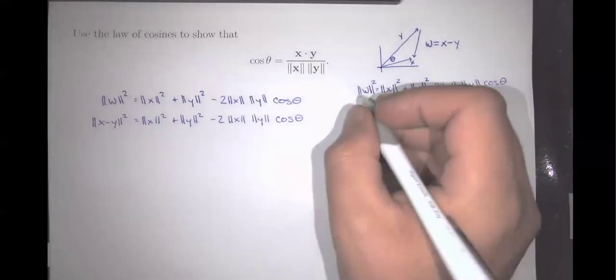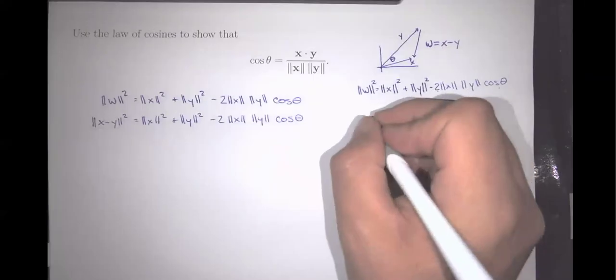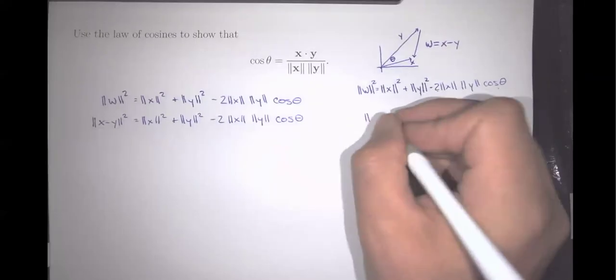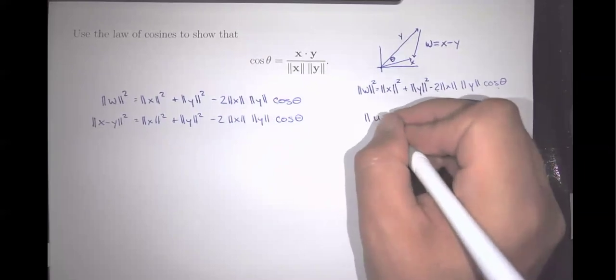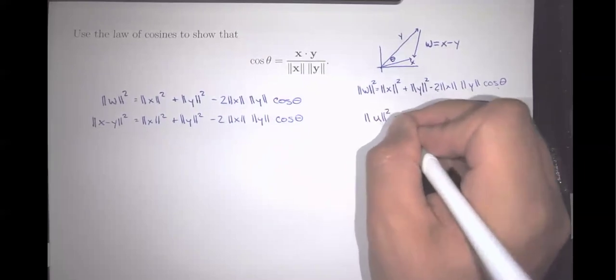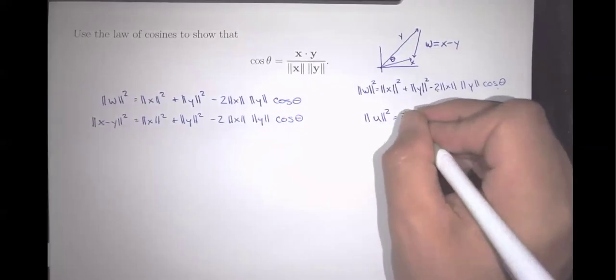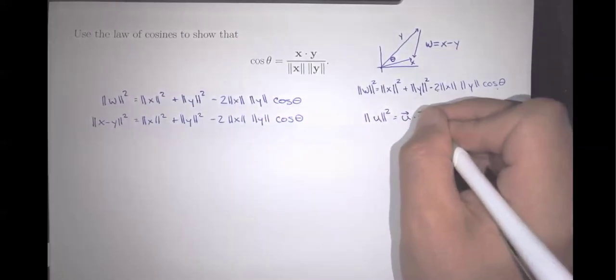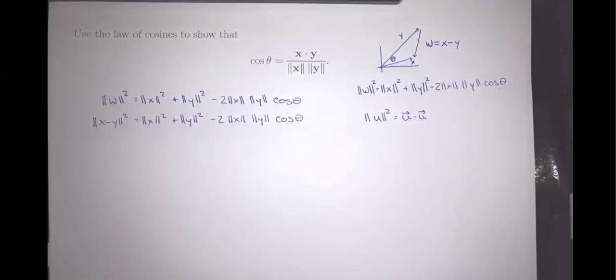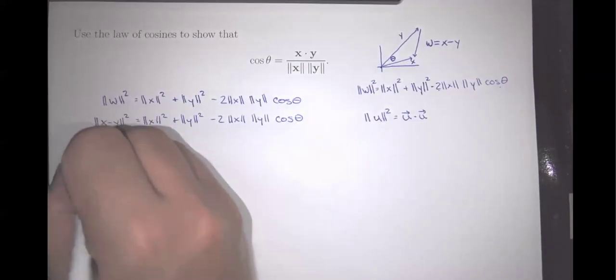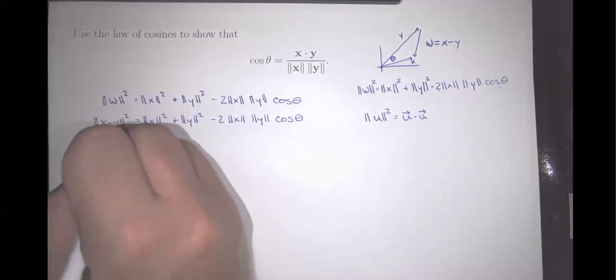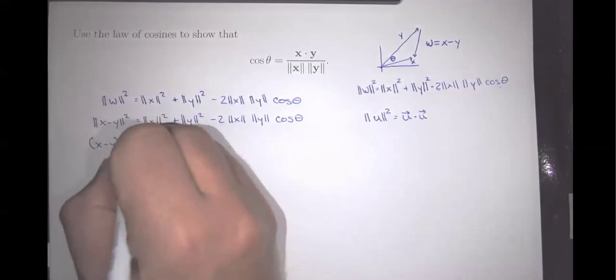And let's remember that the length of any vector, let's say u, squared is equal to u dotted with u, which means we've got on the left side x minus y dotted with x minus y.